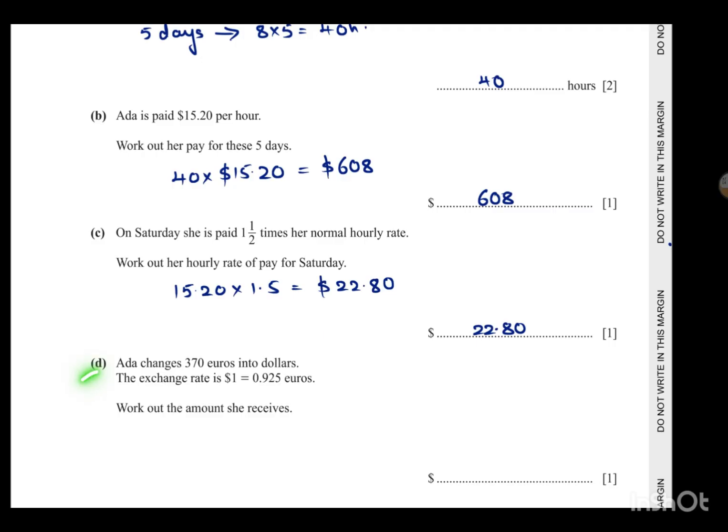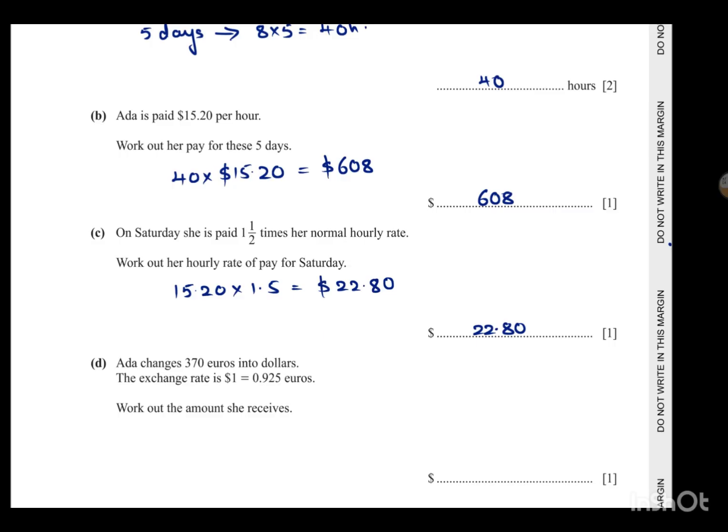Question number D. Ada changes 370 euros into dollars. The exchange rate is $1 is equal to 0.925 euros. Work out the amount she receives. So now she is exchanging euros into dollars and they have given us the $1 rate.